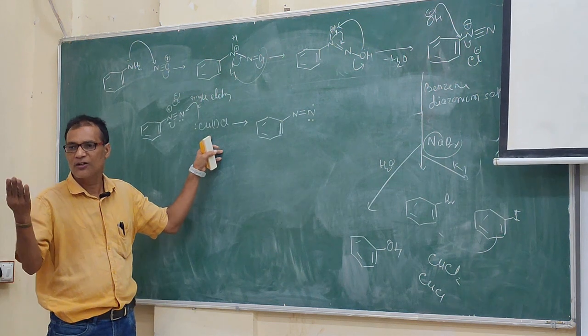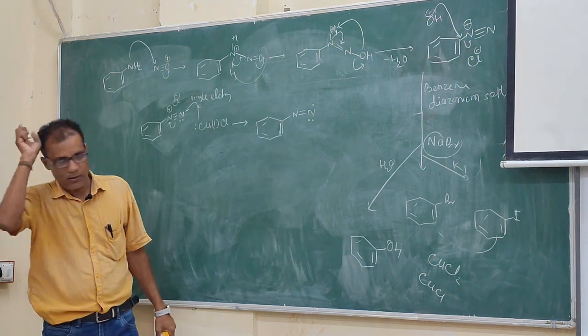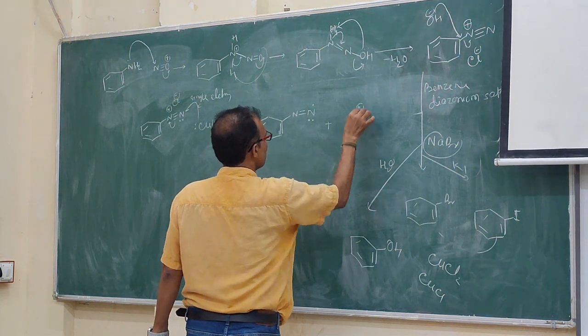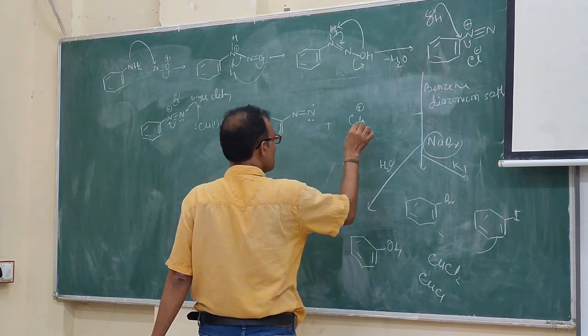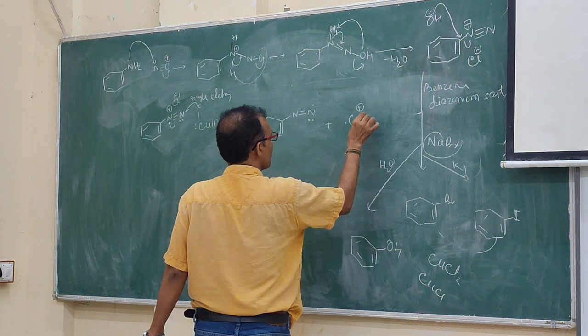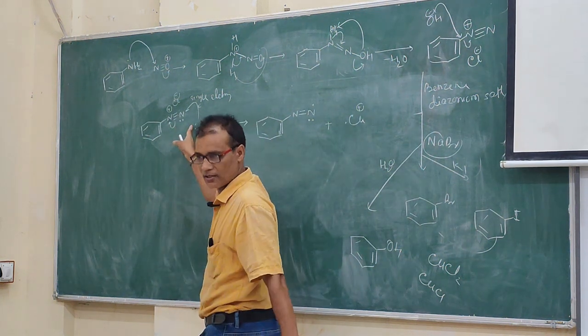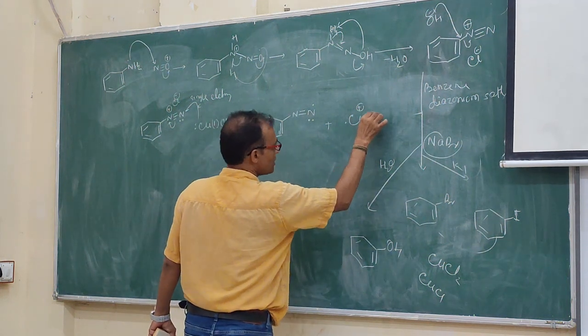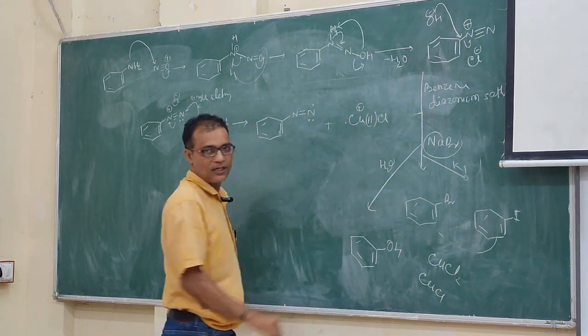Am I correct? So you will get copper plus, and 1 more electron will be there, because copper only gave 1 electron. Okay. So the oxidation state will be 2, with Cl. Is it clear now? This is the single electron transfer mechanism.